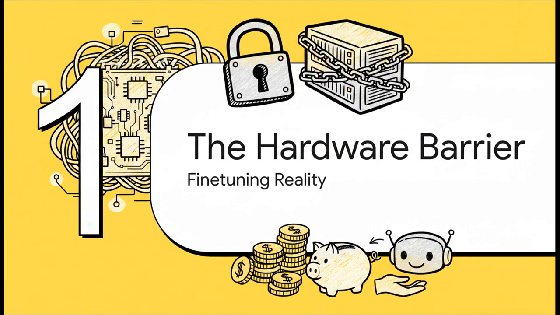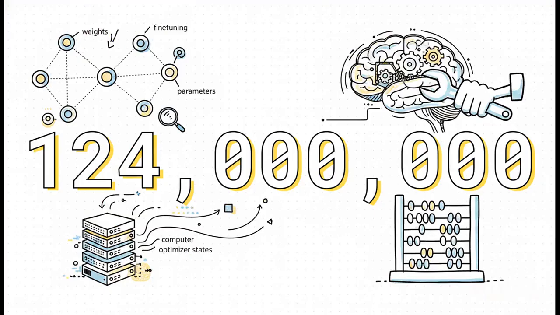Section 1, the hardware barrier. Okay, so in our previous discussions, we explored how you go about fine-tuning a foundational model. Taking this wild, feral, text-predicting algorithm and carefully training it to become a polite, helpful assistant. But there is a dark, incredibly expensive reality to this standard fine-tuning process.